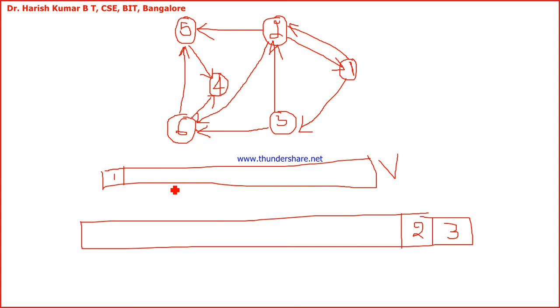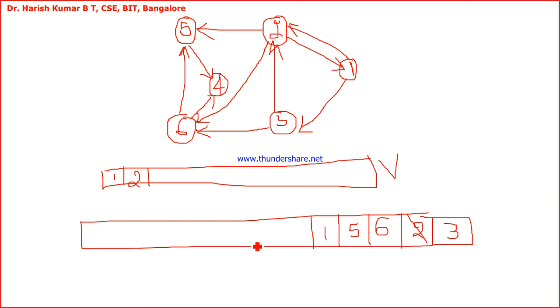Okay, and next node to visit is 2. 2 is visited, I pop this. Now I'll add the adjacent nodes of 2 to the stack. Adjacent nodes of 2 are 1, 5 and 6. So I'll first push 6, and then 5, and then 1.